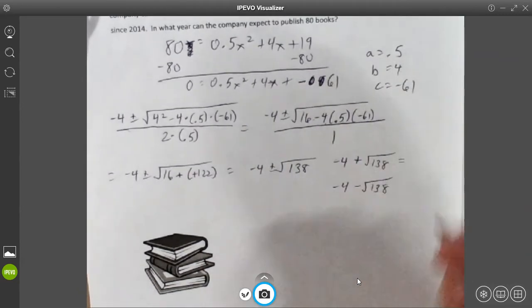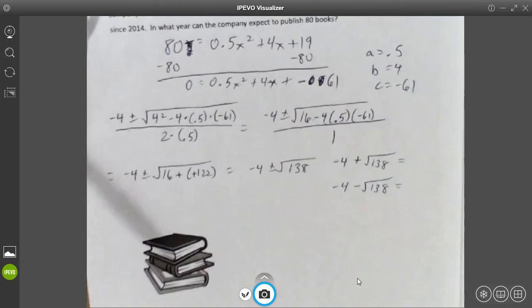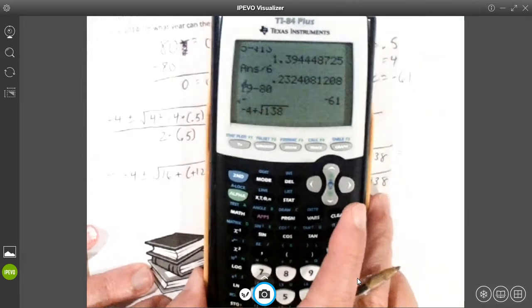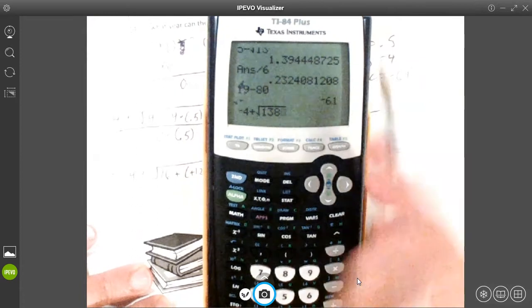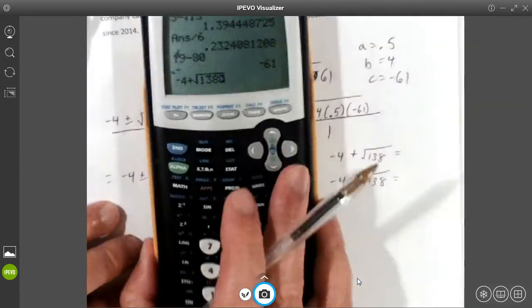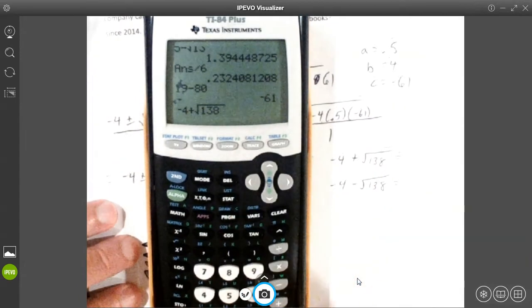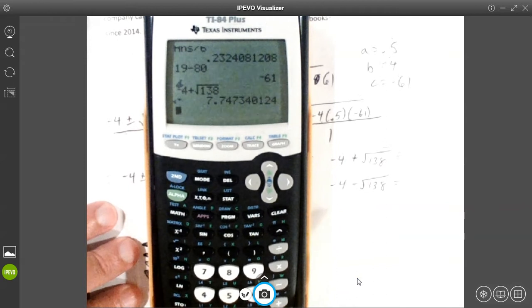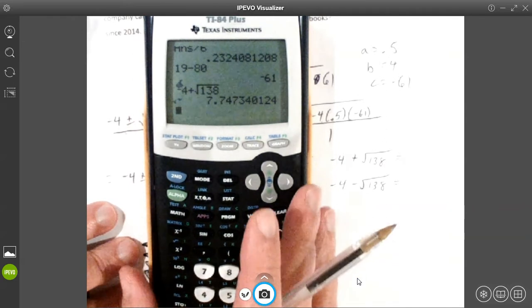All right, so let's see what both these are. Do some approximating here. So if I do -4 plus the square root of 138, I guess I could show you this. Oh, you can see on my calculator I didn't do any of that other stuff. All right, -4 plus the square root of 138. I get about 7 7/10.